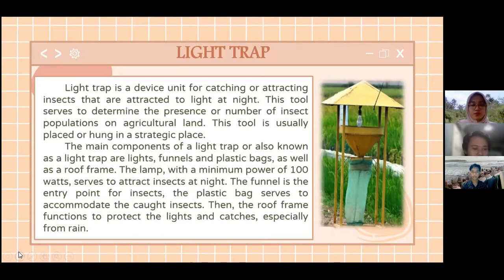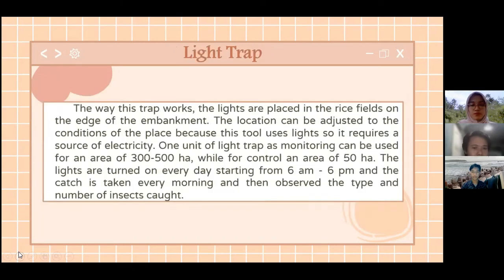Next, the way this trap works is that the light is placed in the rice field or on the edge of a pavement. The location can be adjusted to the condition of the place, because this tool uses light, so it requires a source of electricity.